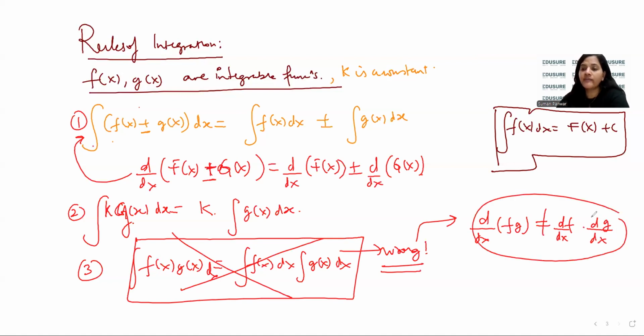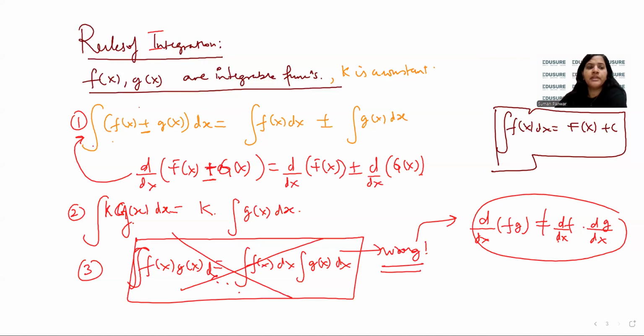This is also not true. We have a product rule in differentiation, which is not this. And similarly, this will not hold in integration. In integration, if we talk about mathematics, we will have an integration by parts rule, which is not very much used in economics in this course. So we should be knowing simple rules of integration.